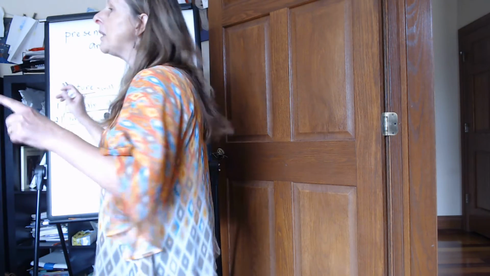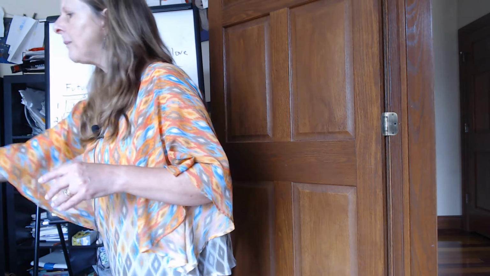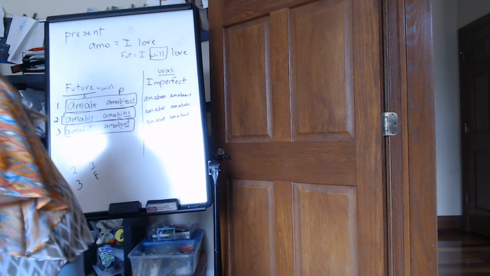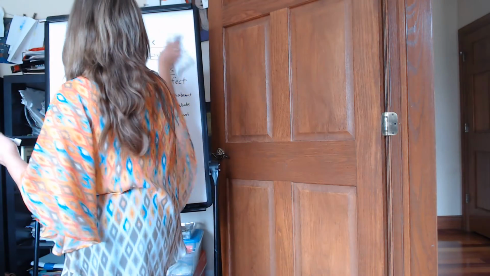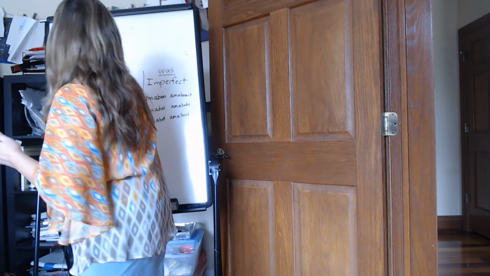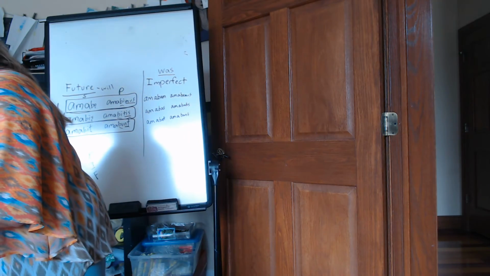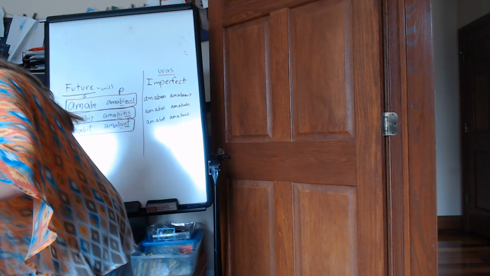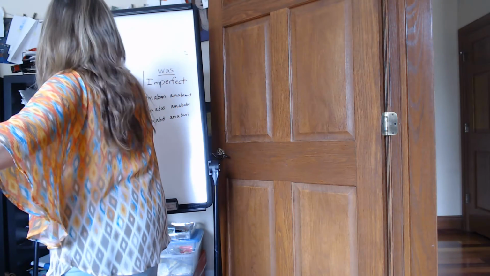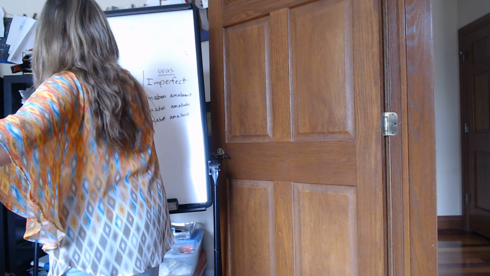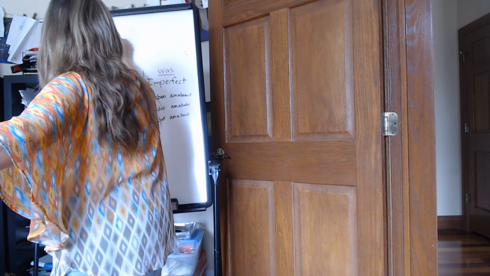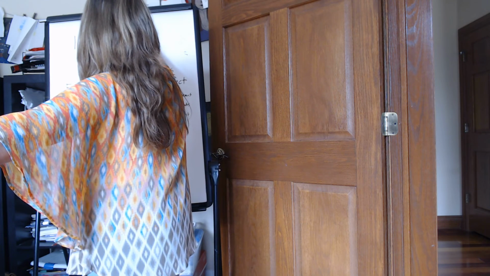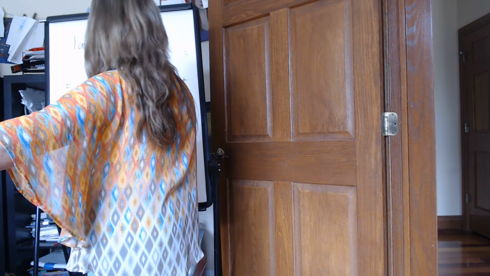So let's do one of these together, just to finish off. Let's do a word you've already learned. Let's do laboratis. What tense is it? Is it present tense or future tense or imperfect?